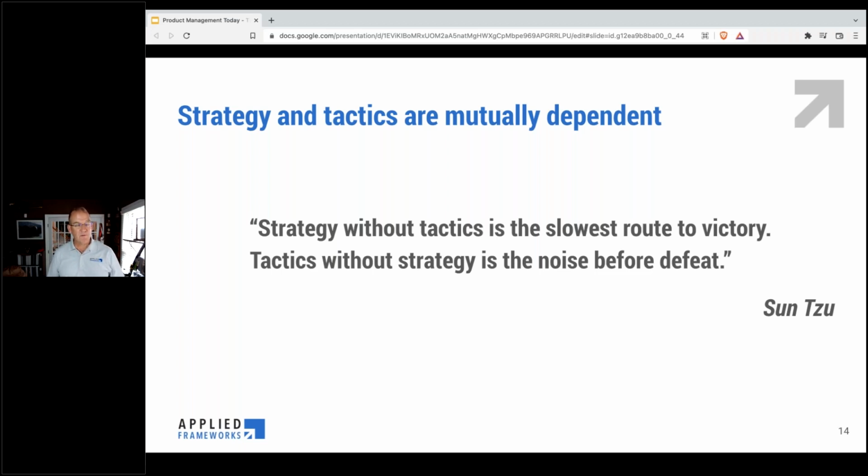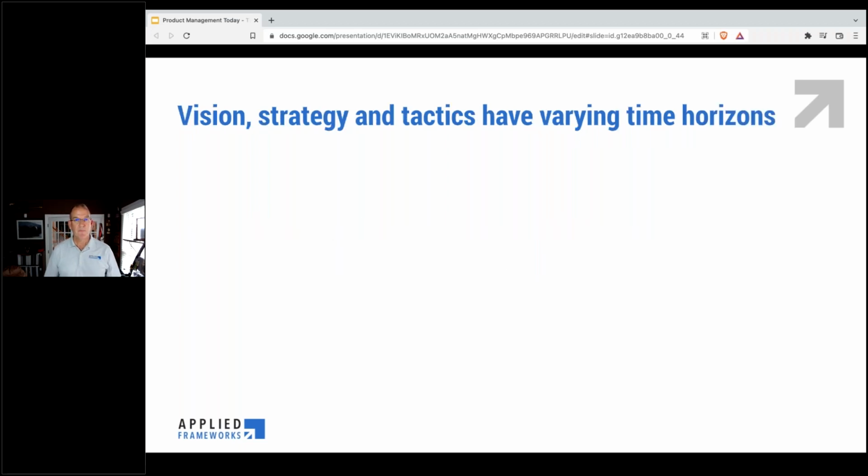So if we try to create a strategy and we don't have a good plan for execution, we're going to have a very difficult time. We may run out of resources. Tactics without a strategy won't work. We're not going to achieve our outcome if we don't have a strategy and we just try to execute. So creating a strategy is required to begin execution.